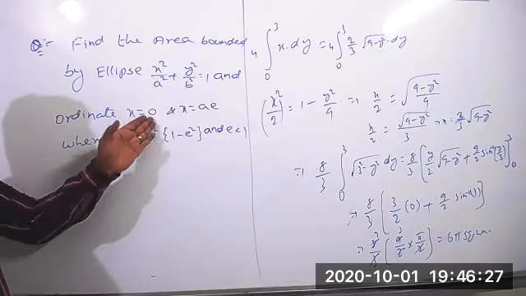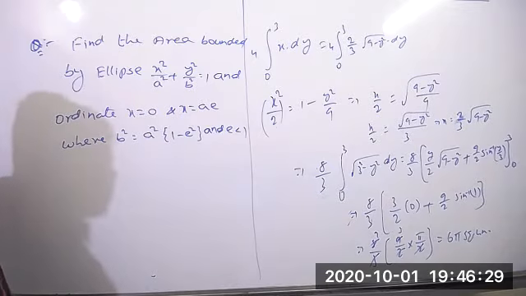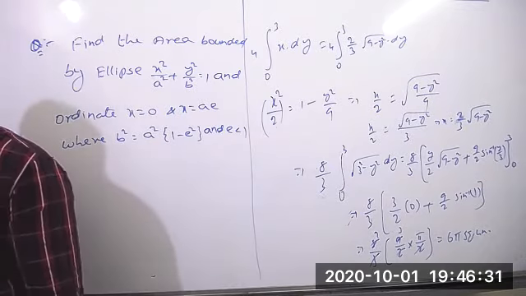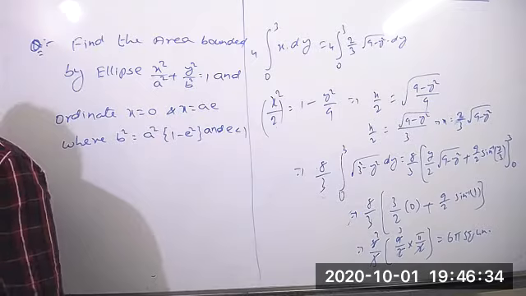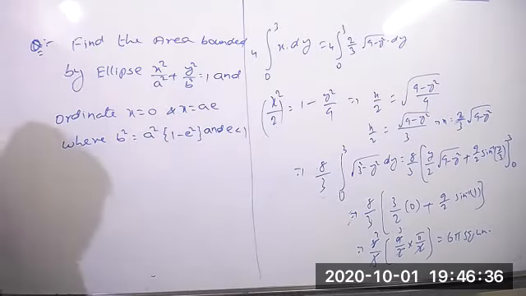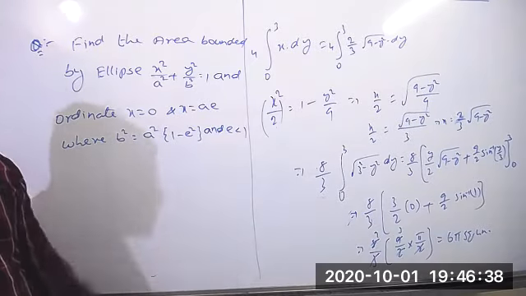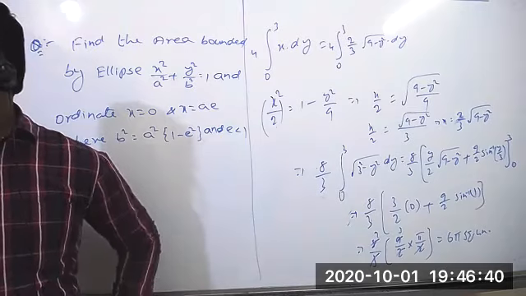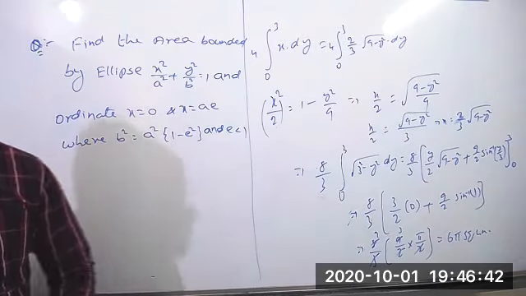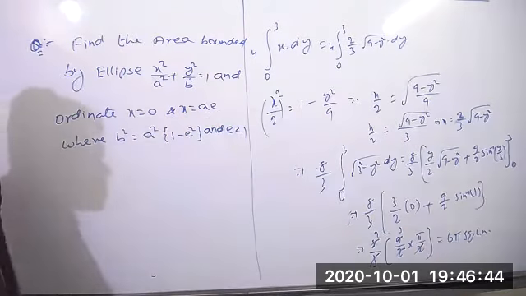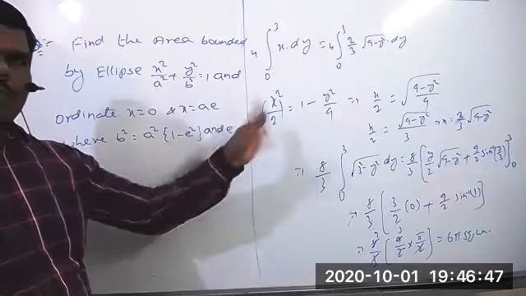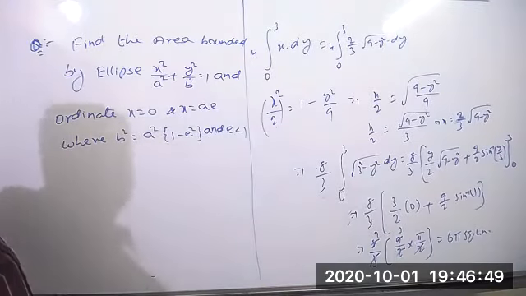Suppose you take x equal to 0, where do you get this line? Anyone? Y-axis. X equal to ae means it is parallel to the y-axis. So you can take the diagram.